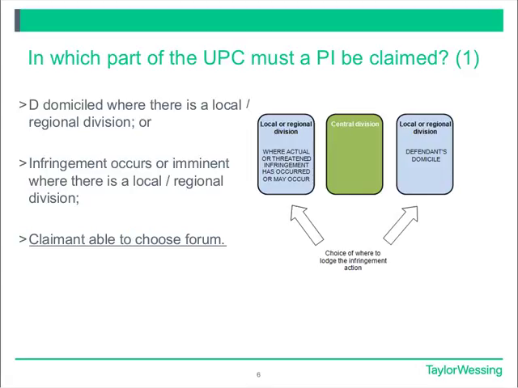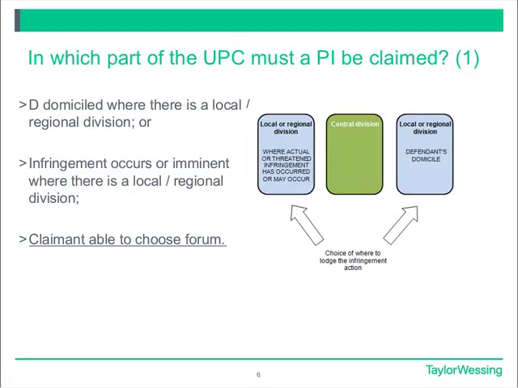And as you'll see on this slide, those three boxes, the central division is the green one in the middle, and the blue boxes just represent the local and regional divisions. So on the left side, you've got the arrow going to the box where the actual or threatened infringement has occurred. On the right-hand side, you've got it going to the defendant's domicile.